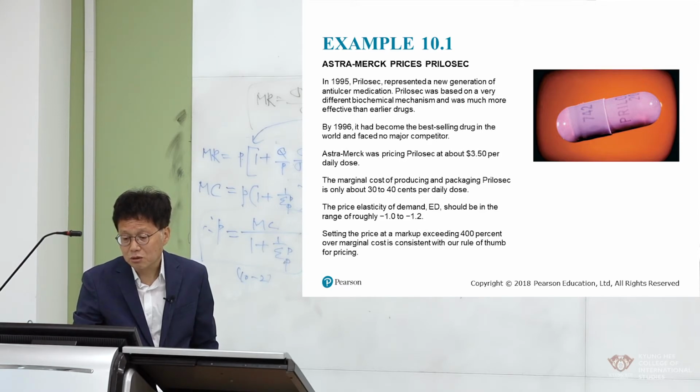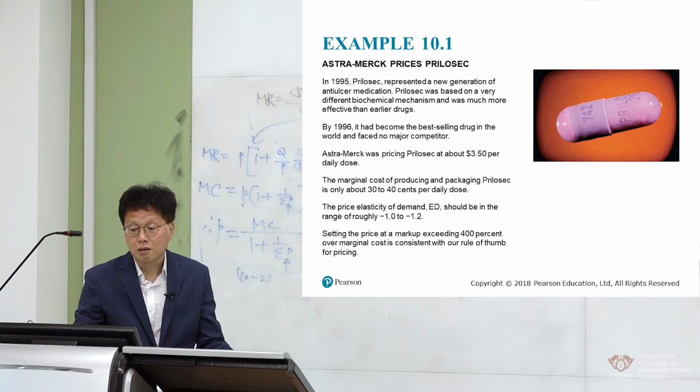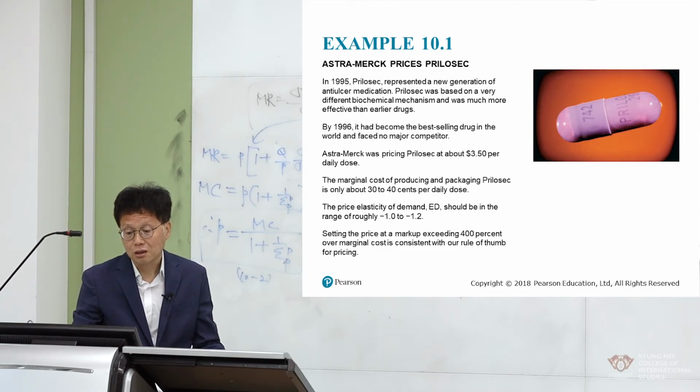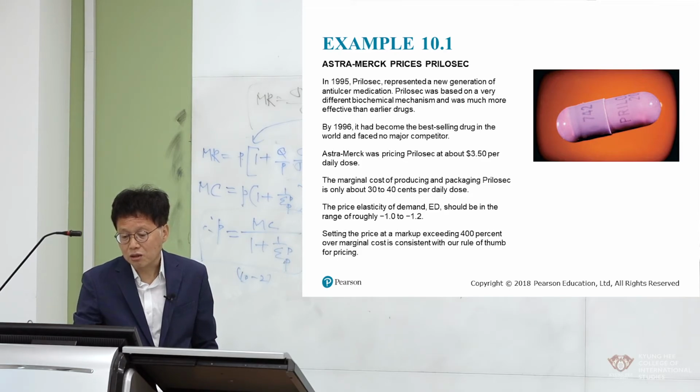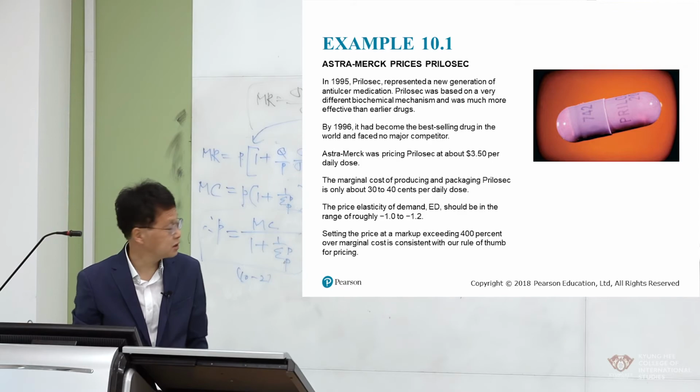Prilosec was based on a very different biochemical mechanism and was much more effective than earlier drugs. So the company had some market power to sell this new drug. By 1996, it had become the best-selling drug in the world and faced no major competitor. Merck was charging a monopoly price of about $3.50.